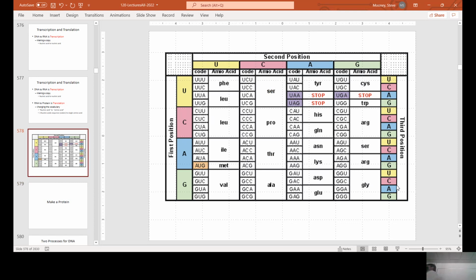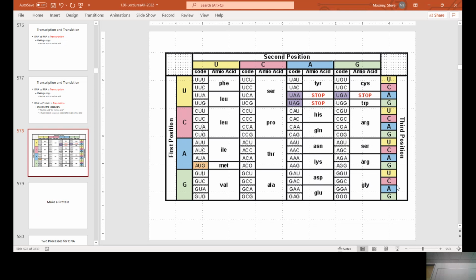So this is how we convert back and forth, and you should have this in your handouts. This is how we translate back and forth. Well, at least in this direction. We have a codon. It's got a first position, a second position, and a third position. So this diagram shows us all the possible combinations that occur in RNA.